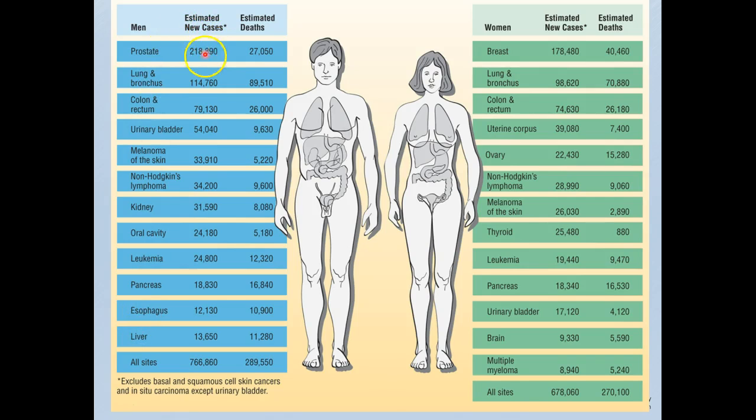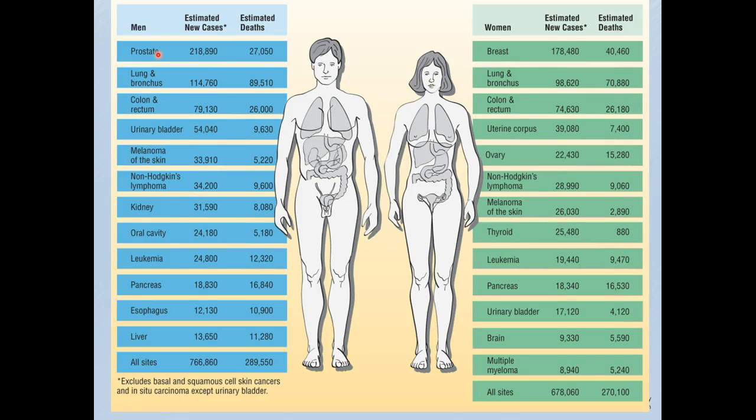You have the estimated new cases, and you have the estimated deaths from those cases. So here you have men and here you have women. So to compute the case fatality rate, you would take the number of deaths divided by the number of people at risk of death. So that would be for prostate cancer.